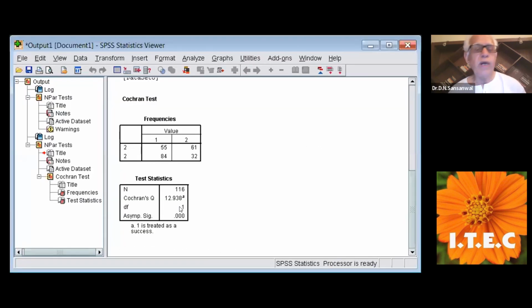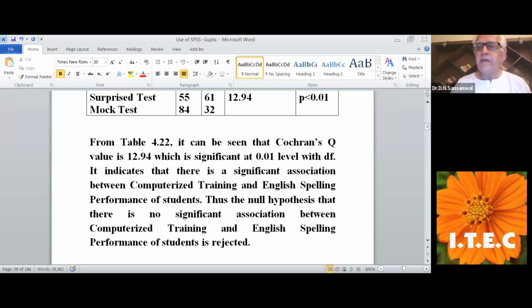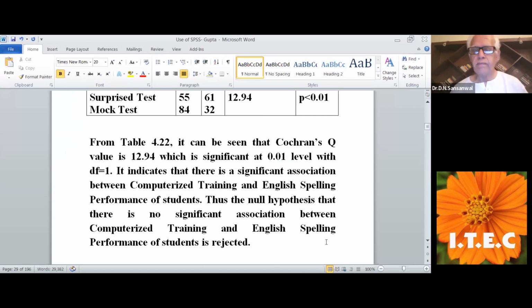Now DF is 1 because there are two levels, then we can write DF, no problem. It's significant at this level with DF equal to 1.